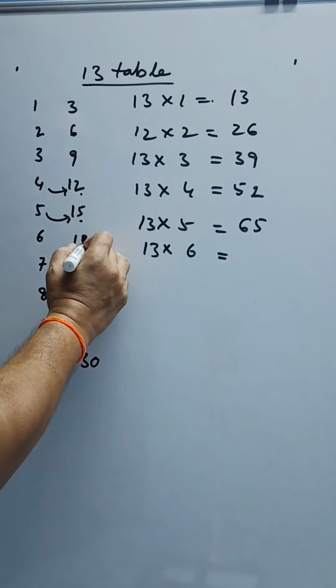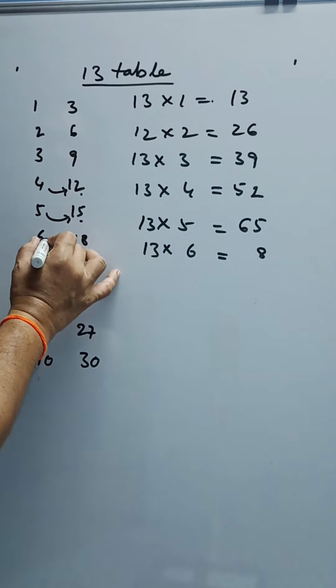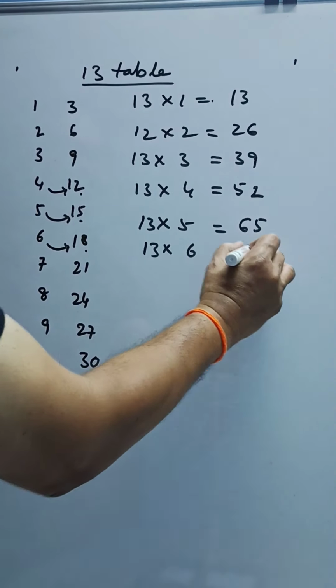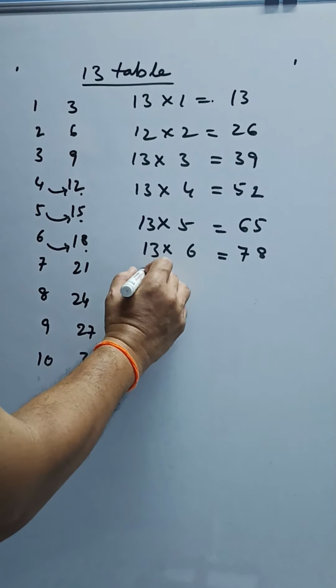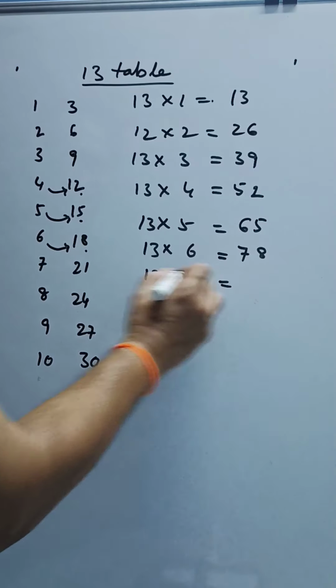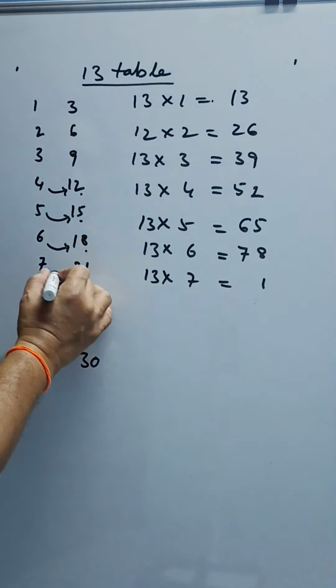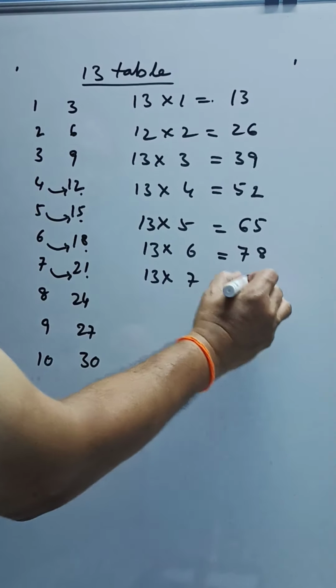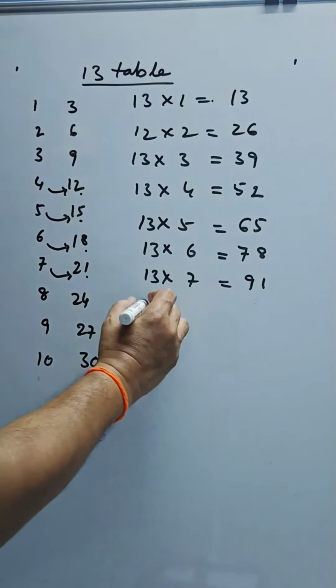13 sixes are 8 in the ones place and 6 plus 1 is equal to 7. 13 sixes are 78. To write 13 sevens are, 1 in the ones place, 7 plus 2 is equal to 9. 13 sevens are 91.